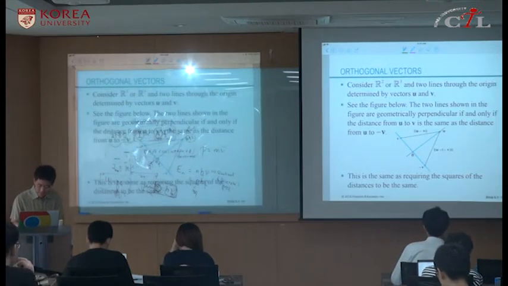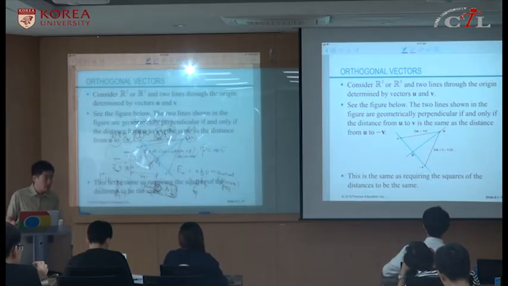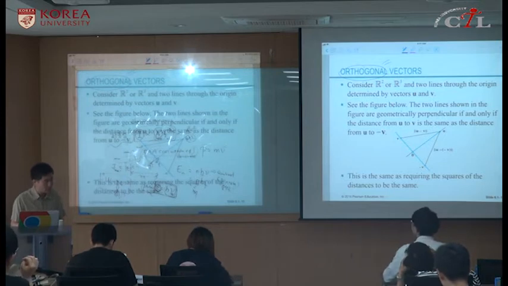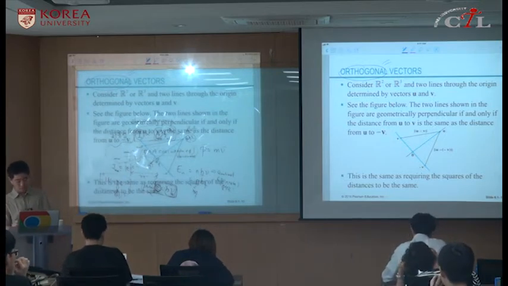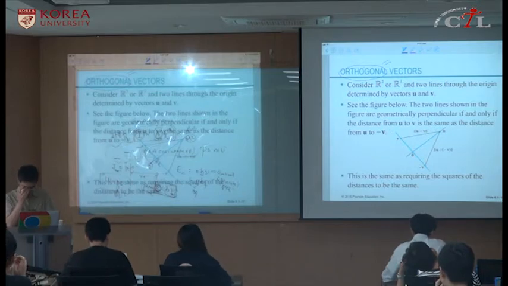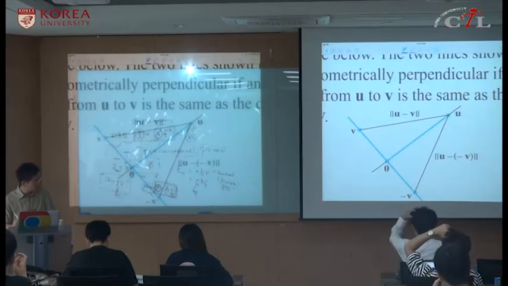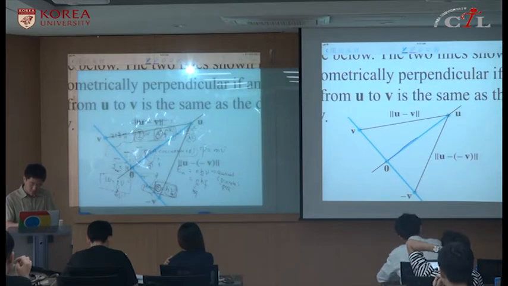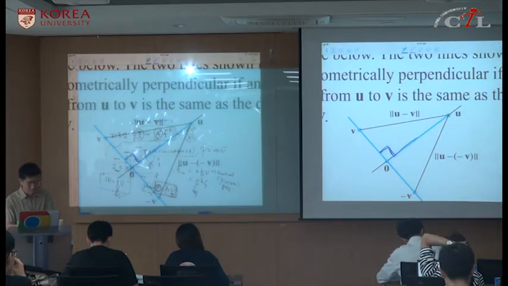Okay, and now let's think of orthogonal vectors. Orthogonal is the same as perpendicular, right? That has 90 degrees between the two vectors. So although this figure doesn't look right, if we have this vector u and v, we consider the situation that the angle between these two vectors is 90 degrees.